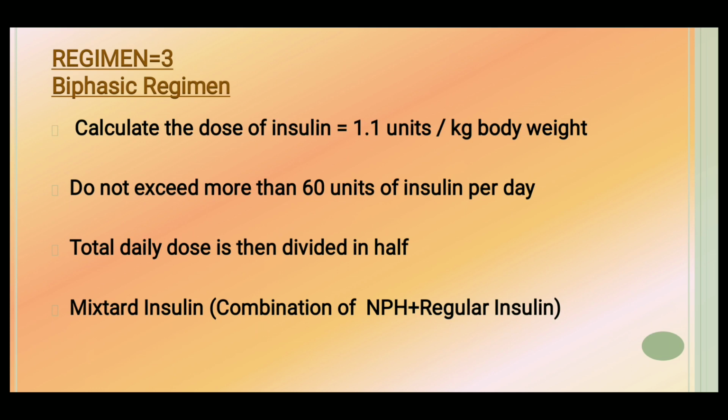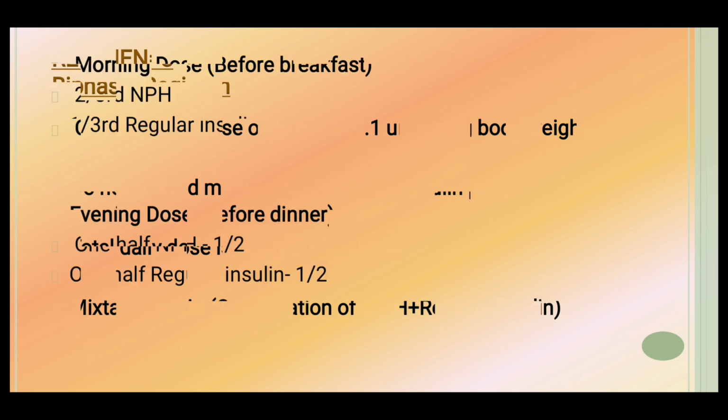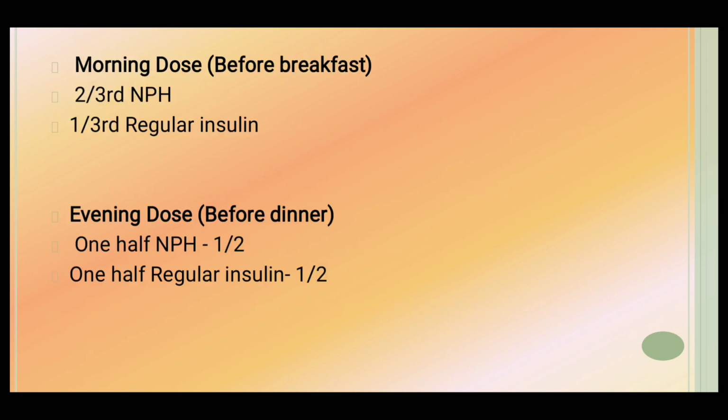It means we have to multiply the weight in kg by 1.1, and it's very important that we should not exceed 60 units of insulin per day, and the total daily dose is then divided in two halves. Premixed insulin is used as a combination of NPH and regular insulin.